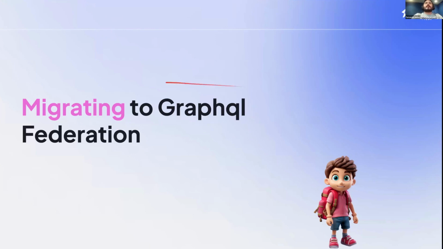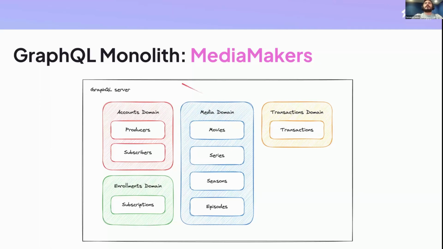So, moving to migrating our GraphQL to Federation. First, this is an example company that I call Media Makers. Basically, the main idea is that we have some users that are producers, who upload to this application some indie movies or series that maybe they want to let the world know.